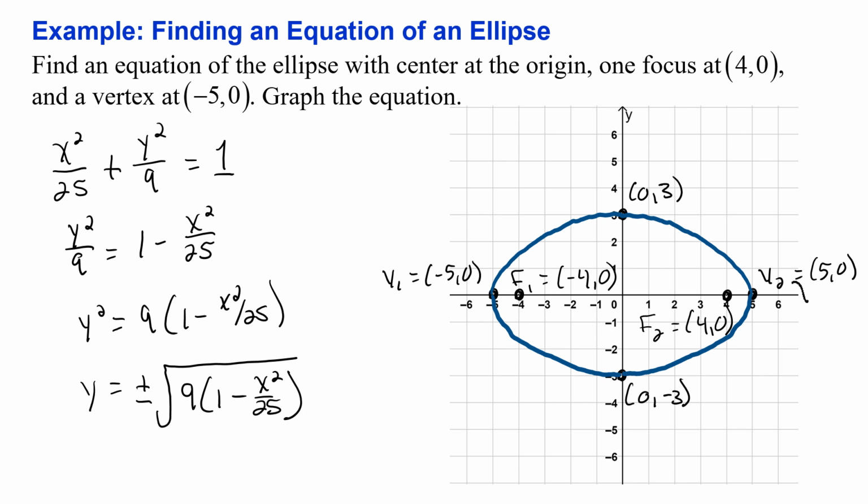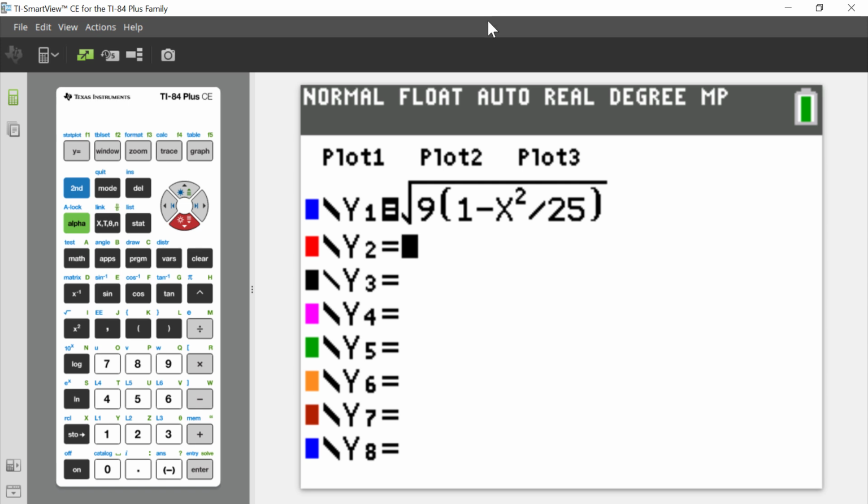So in other words, the positive square root will be the upper half of the ellipse, and the negative square root will be the lower half of the ellipse. Each of those equations is a function on its own, together collectively making up the ellipse, which isn't a function in its original form. Taking out the calculator, I've already typed in the positive square root expression into y1.